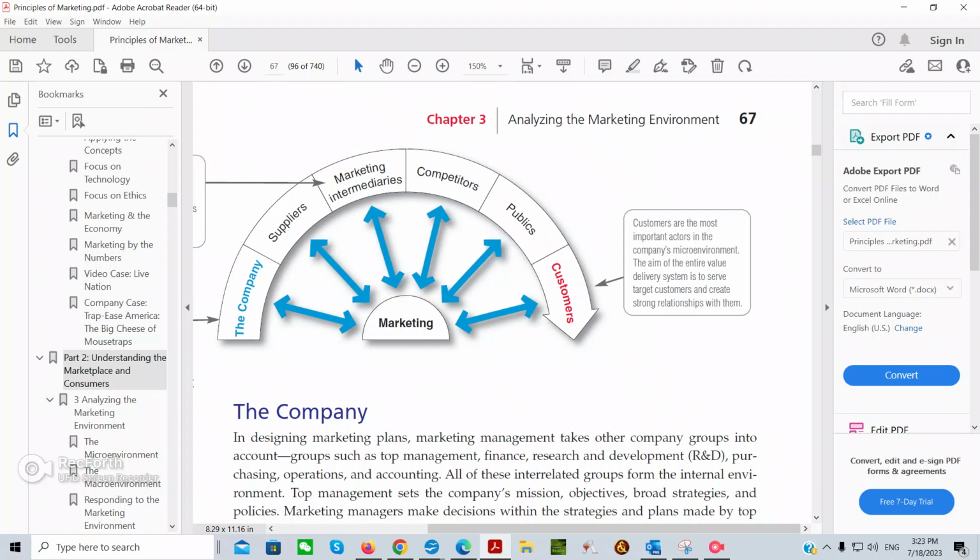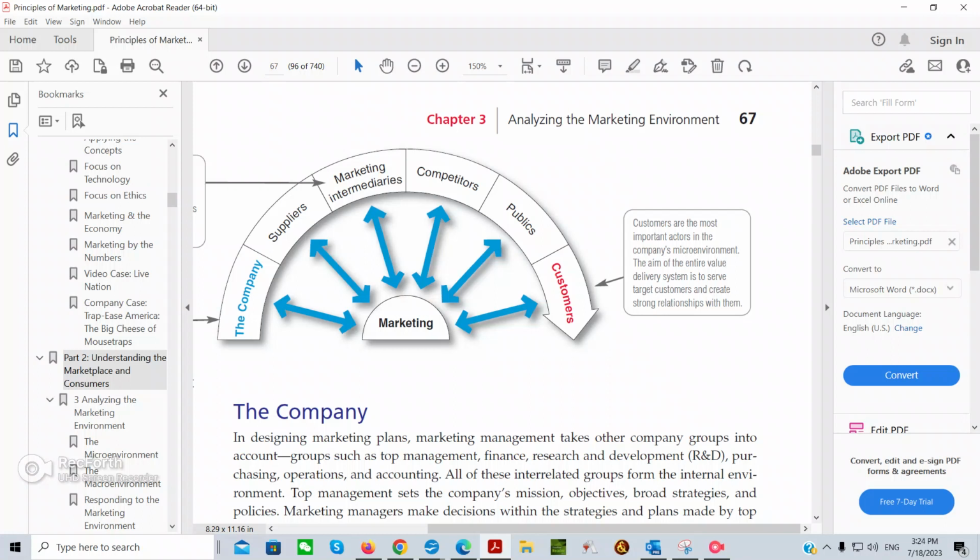Here's a diagram of what we're referring to. Now we've got 6 things to consider that relate to marketing and back and forth. First, we have the company. Okay? The company uses marketing, and the marketing is for the company. The supplier uses marketing, and marketing for the suppliers.